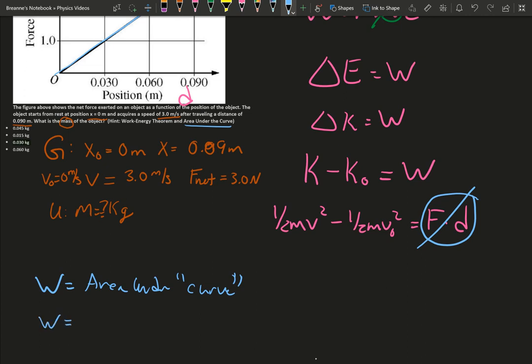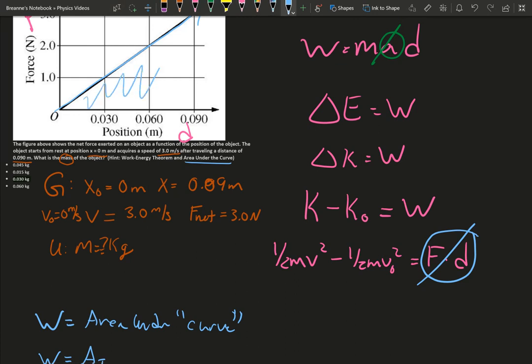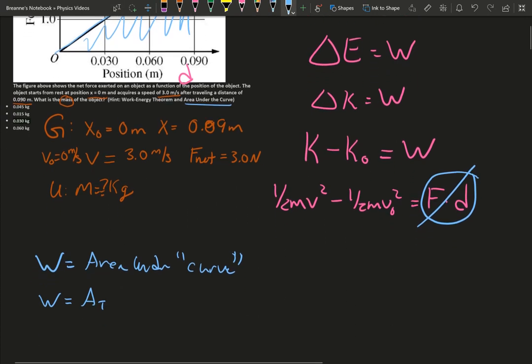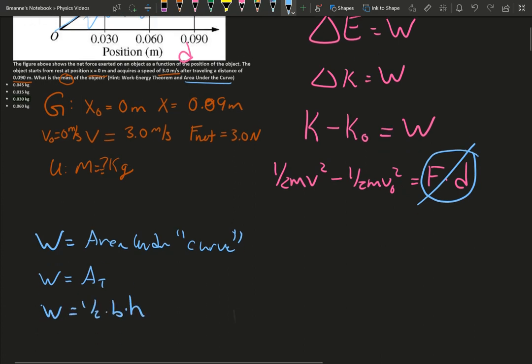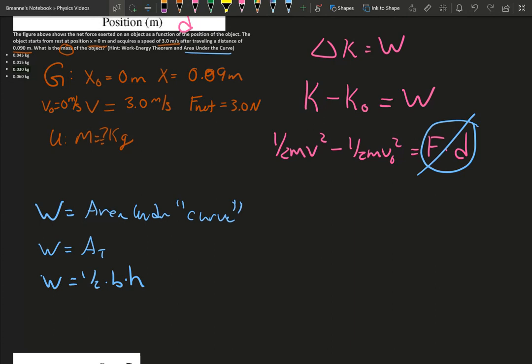So our work is going to end up being the area of a triangle, because this makes a triangle. In this case, work equals 1/2 base times height, and our base in this case is 0.09, and your height was 3.